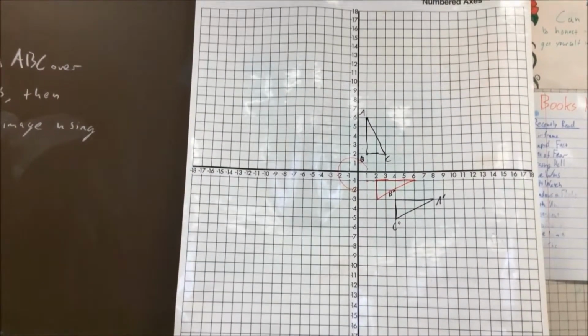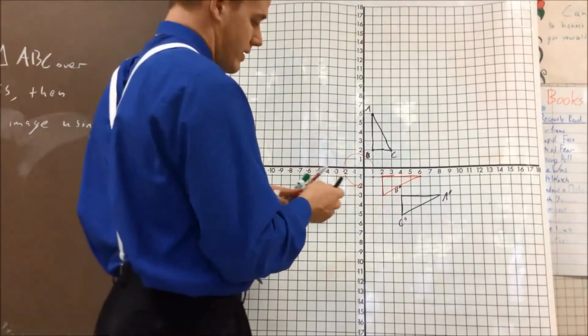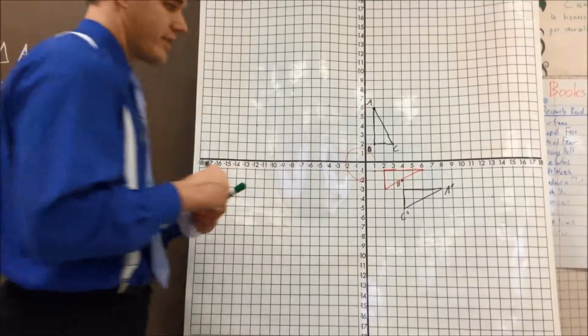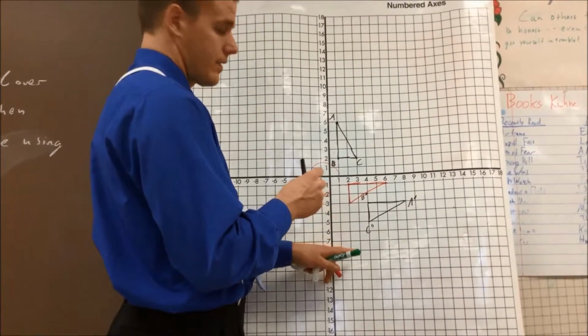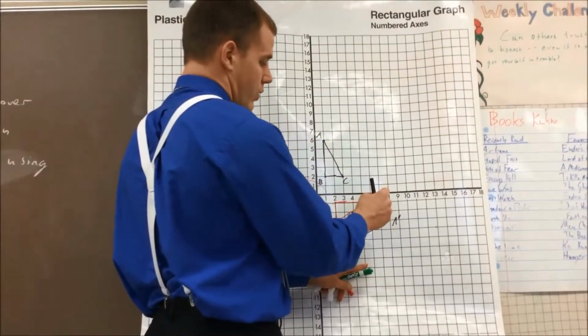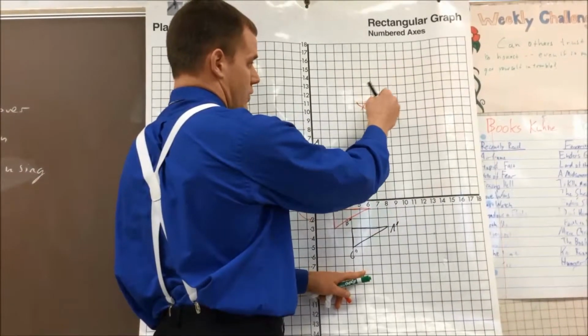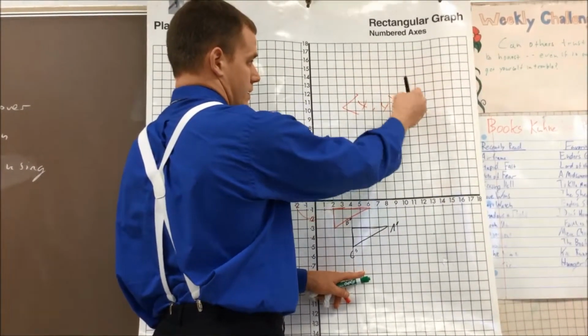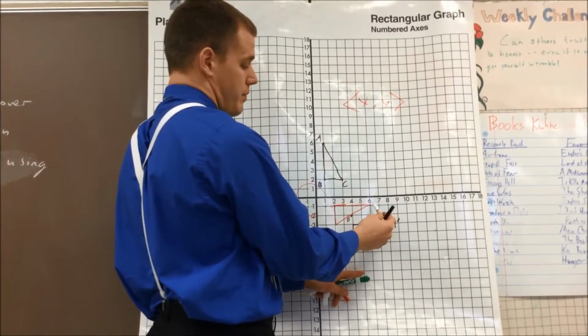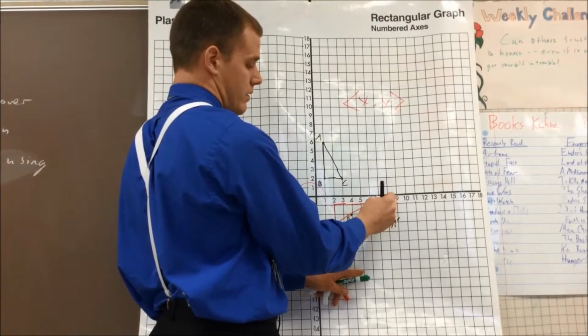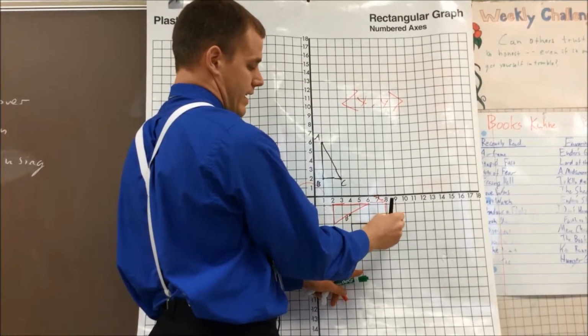I translated it, yes. And what would be my translation? We always do the x first, x comma y. So it would be positive 2 and then the negative 2.